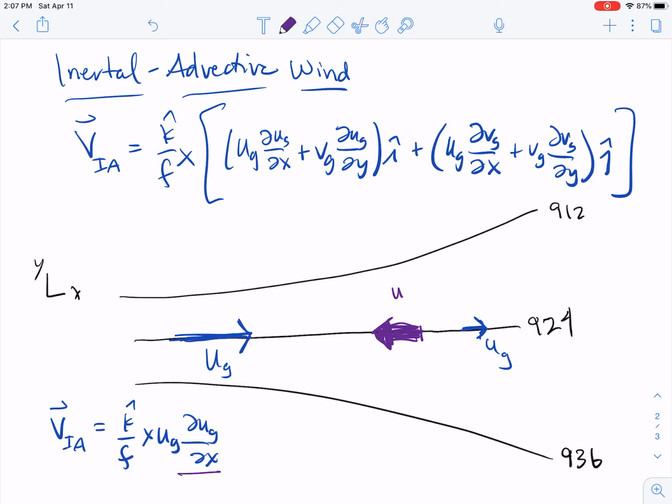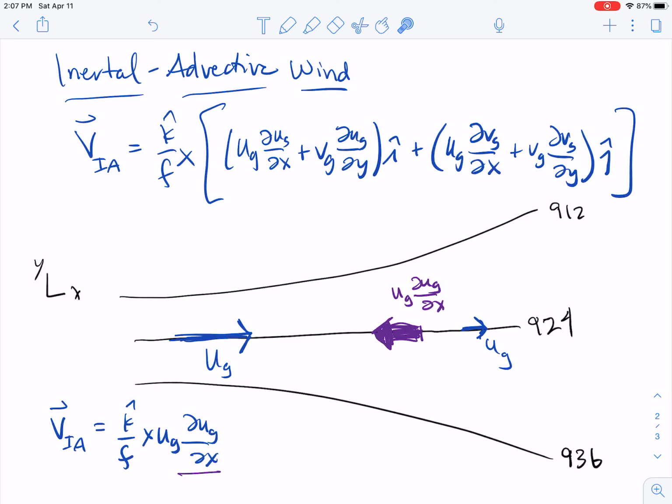This is our u_g du_g/dx term. Again, because our wind speed is decreasing as we move in the positive x direction times a positive value. So du_g/dx is less than 0, u_g is positive, so this whole vector is pointing to the west.